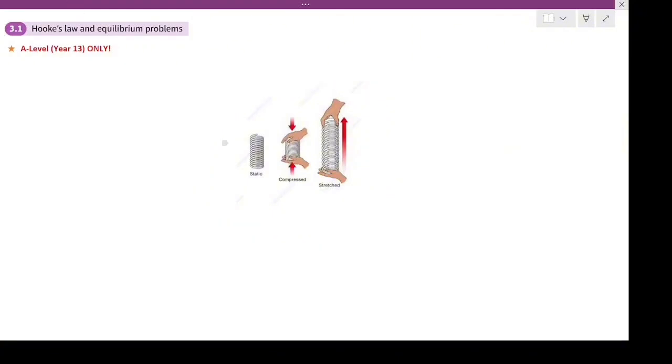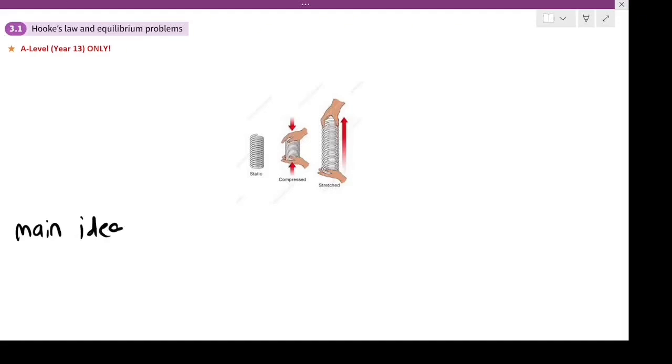When we compress or stretch it, that produces a force in the string. For example tension, which you might be very familiar with.